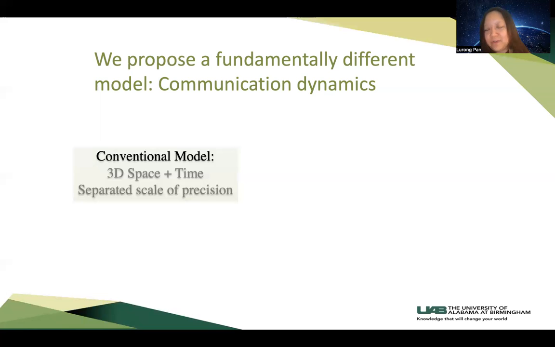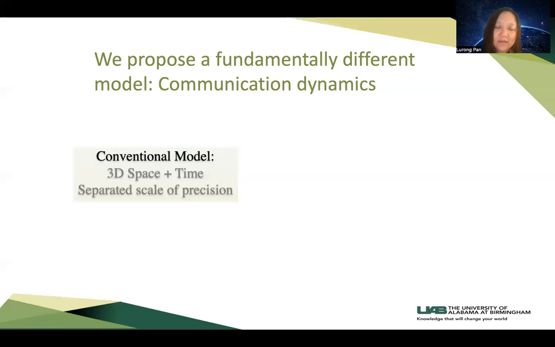So this type of conventional scientific modeling is highly restricted because it's constrained by the human mind, because humans can only comprehend 3D space plus time. Any dimensions more than 3D, or beyond a smaller scale of dimensions, the human mind won't be able to really comprehend.